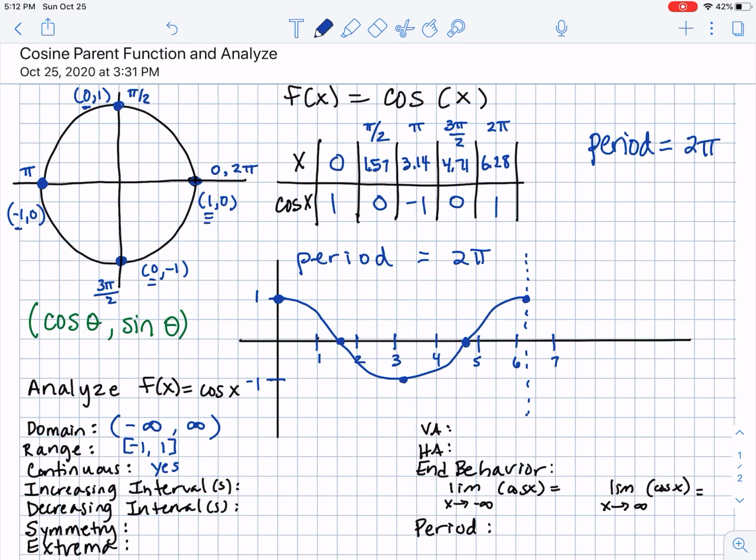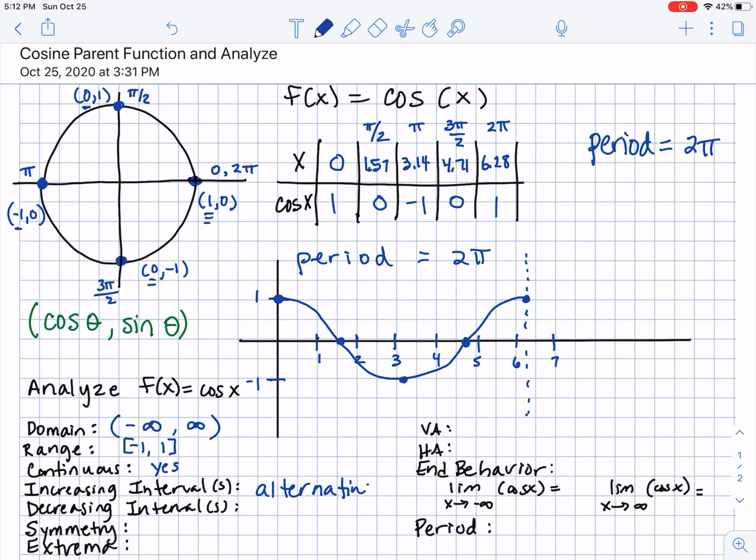The increasing interval, well, let's see. If I'm at (0, 1), I see that the graph goes down to pi, and then it goes back up. So it's increasing and decreasing. And I'm going to call that alternating on our waves.